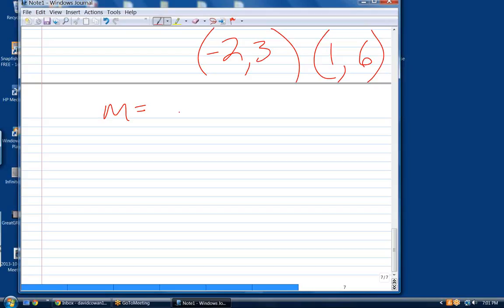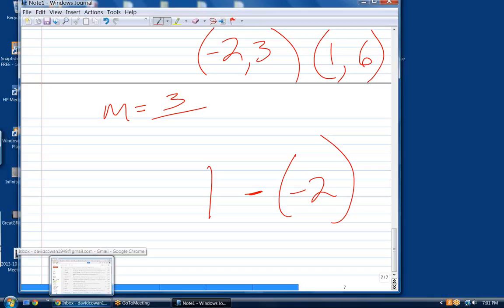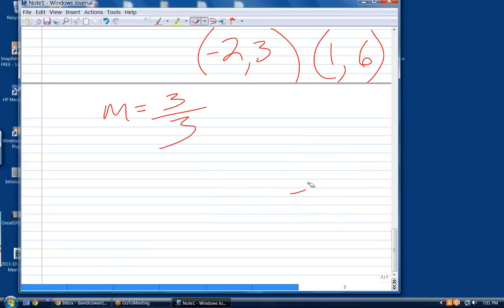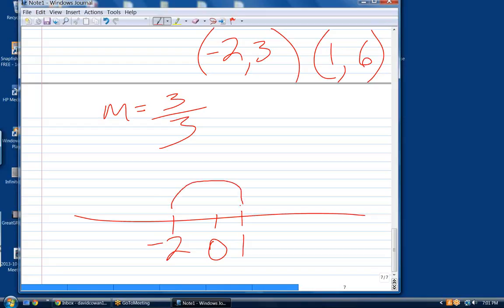So it'd be 3 over -1. What is 1 minus a -2? Oh, it's actually 3 over 3 then. So 1. Whenever you're doing math like that, it's useful to picture the number line. What we want is the distance between those 2 points.